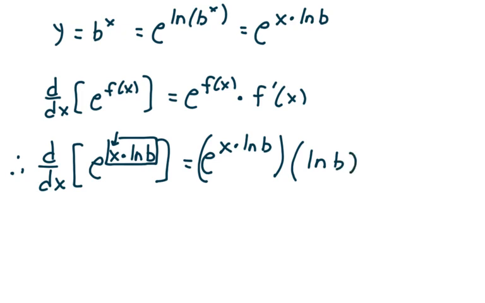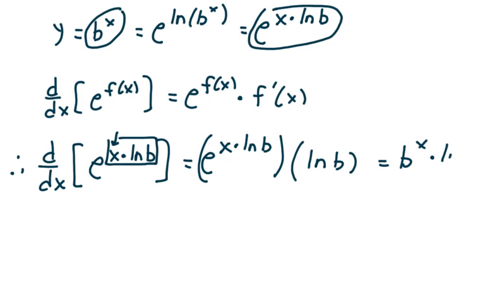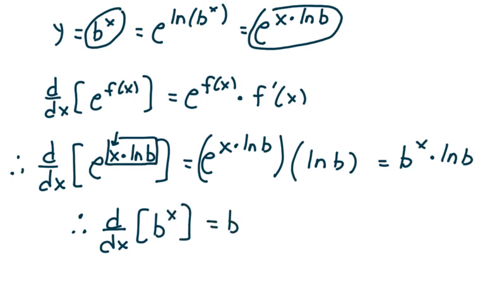But remember, e to the x times natural log of b is equal to b to the x. And so this is equal to b to the x times natural log of b. And so if we put this together, the derivative of b to the x with respect to x is equal to b to the x times natural log of b.